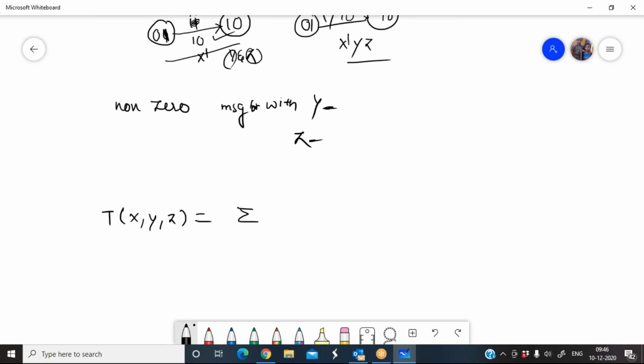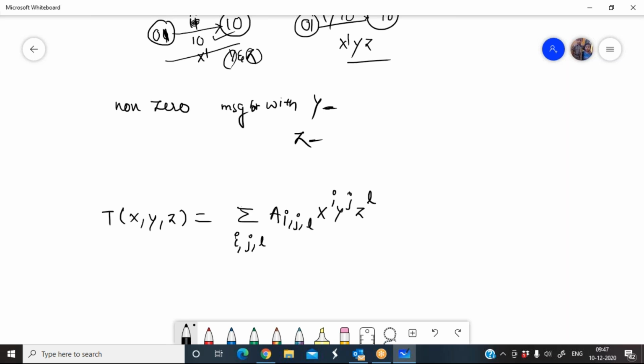Sigma. In the previous case it was x power i, that means only i, but y and z, two other variables, are also there. So I want to take i, j, l. So sum of a_ijl, x power i, y power j, z power l. So this is the augmented transfer function.